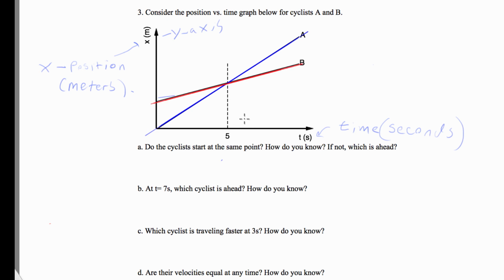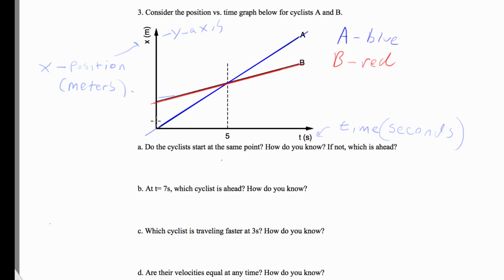Okay, so let me just write that out in words, that cyclist A is blue and cyclist B is red. Okay, so what happens?